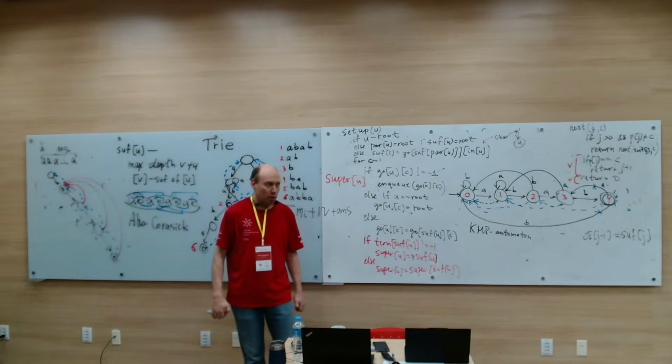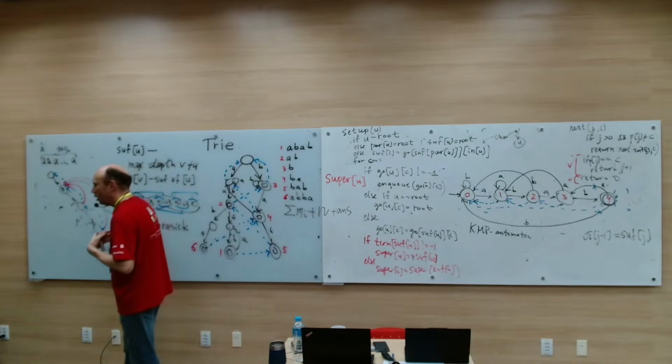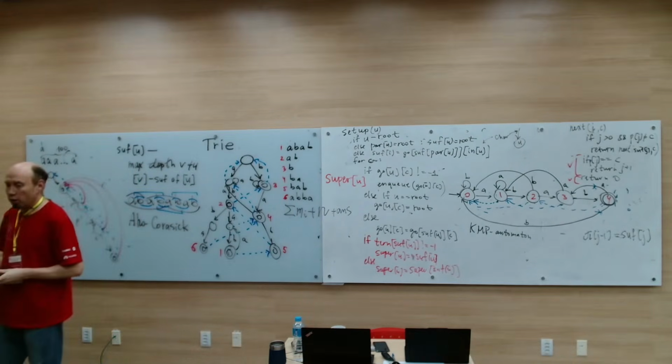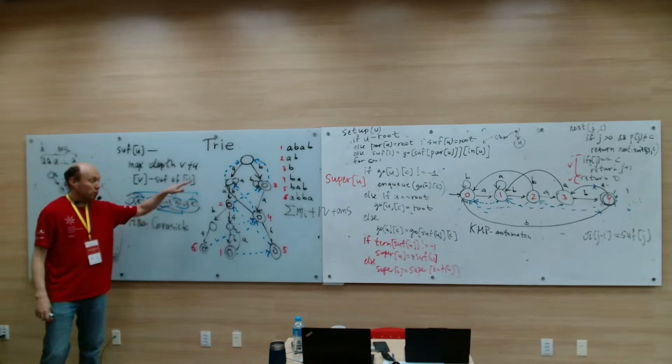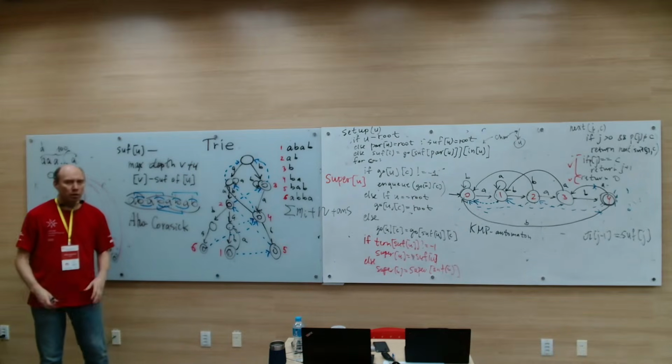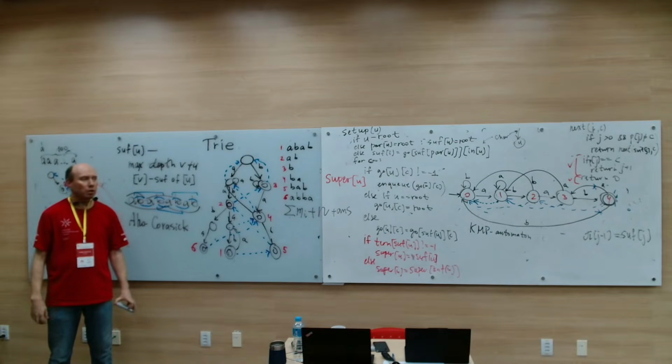So, personally, if I write Aho-Corasick at a contest, I create the automaton version. I am not myself sure how to avoid this.